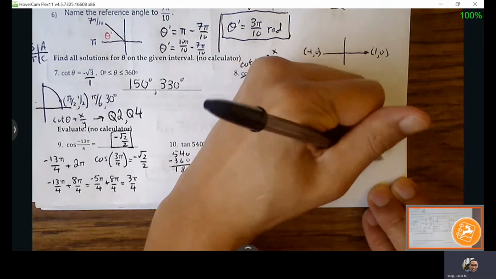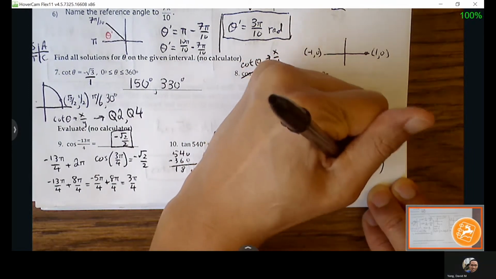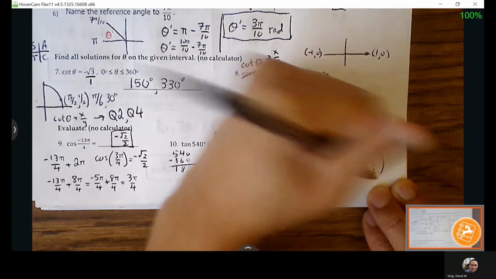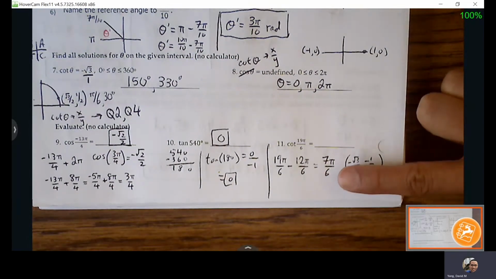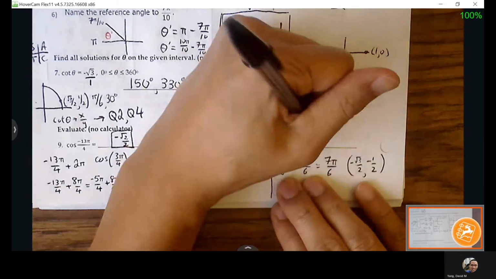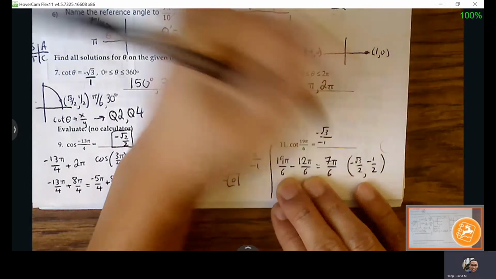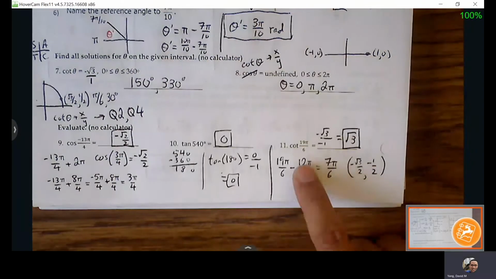I look at my ordered pair in the third quadrant there. I want cotangent being x over y. So if I just cover up the denominator there, I get -√3 over -1, which is just √3. Okay, you guys get that for 11?